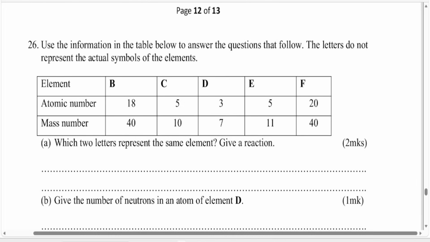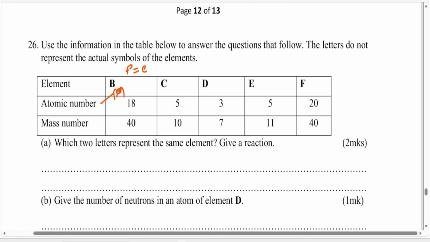So we have elements B, C, D, E, and F, with atomic numbers 18, 5, 3, 5, and 20 respectively. Another interpretation of atomic number is the number of protons. And we also need to understand what we learned in the structure of an atom: the number of protons is always equal to the number of electrons.